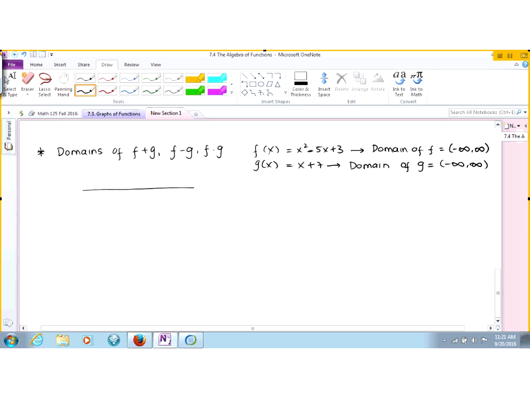Now if I graph, how do you graph a number line? So this is your number line. Well, this is your domain of f. Which one is your domain of g? Also the whole number line. Domain of g. Which one is the intersection? Meaning which points have two lines on top?